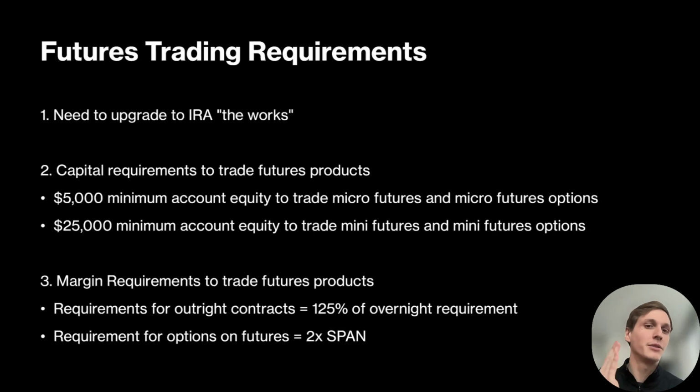No matter if you have limited, basic, or the works, you're subject to PDT. You can make an election to change your IRA 100% to a cash account, and then it wouldn't have PDT applied.